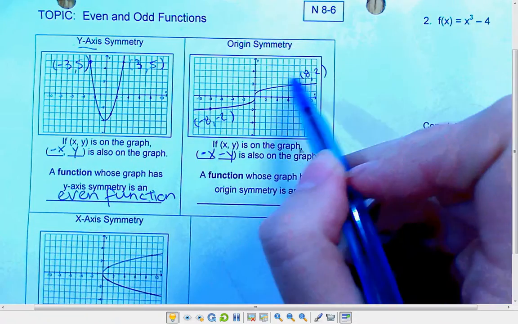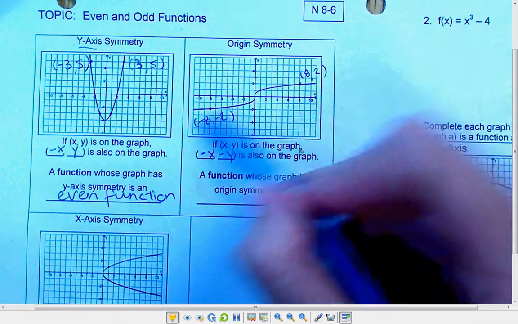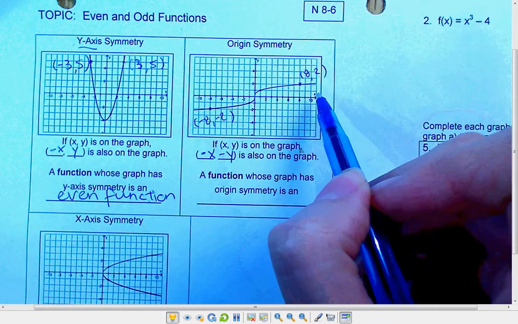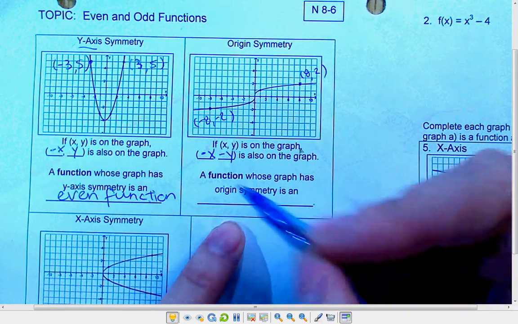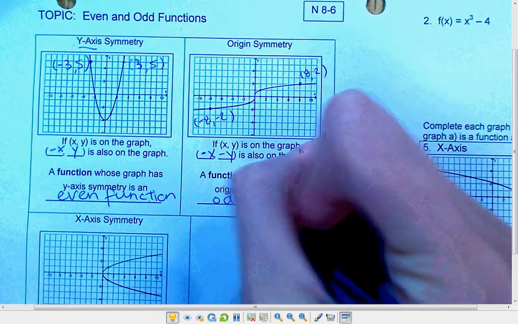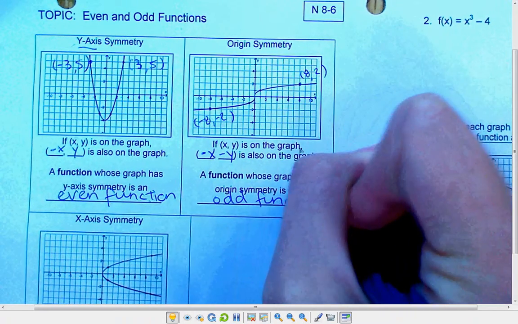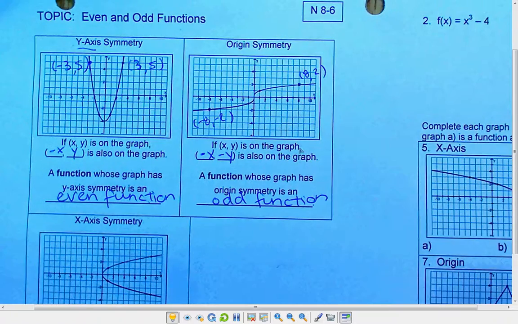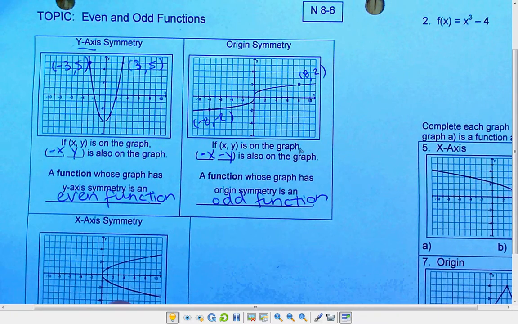See how this point is still on the graph. Any graph that has symmetry about the origin is an odd function. So those are the definitions of even and odd, and today we're going to be looking at whether functions are even or odd.